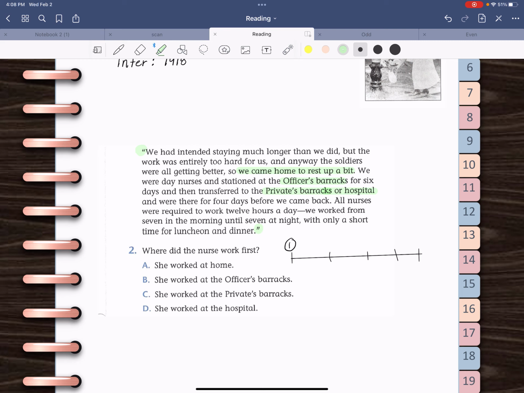So it looks like the officers' barracks were first, then the private's barracks, and then they came home to rest. So first, they would have been at B, the officers' barracks. So the question itself is a sequence question or a chronology question. And you have to use those skills that we've already covered to be able to answer that one.